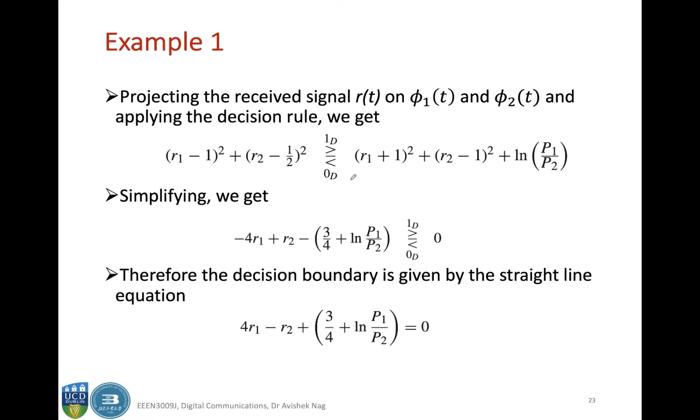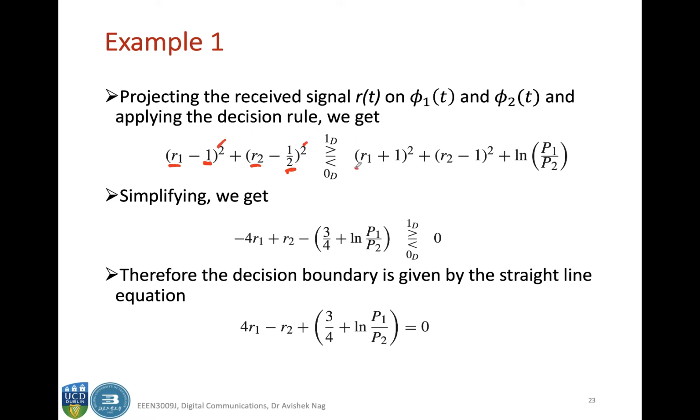Whichever is smaller, we will make our decision in favor of that particular signal. So let's say I calculate the distance of the received signal, which has components R1 and R2. The usual Euclidean distance formula is applied. The left hand side is the distance from the received signal to S1, so we have (R1 minus S11) plus (R2 minus S12), both squared.